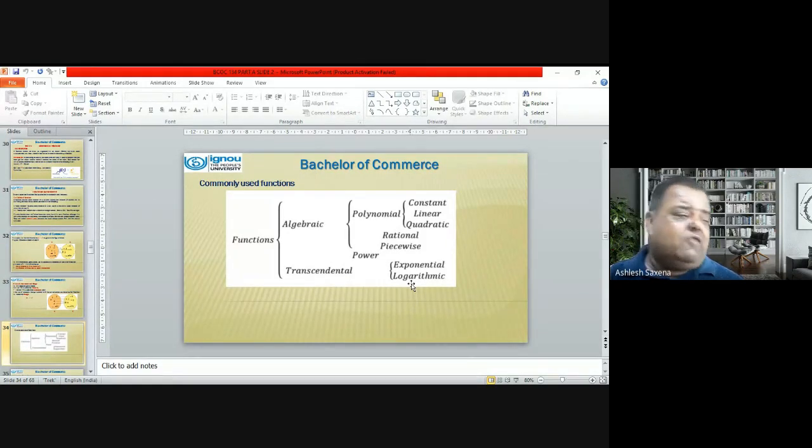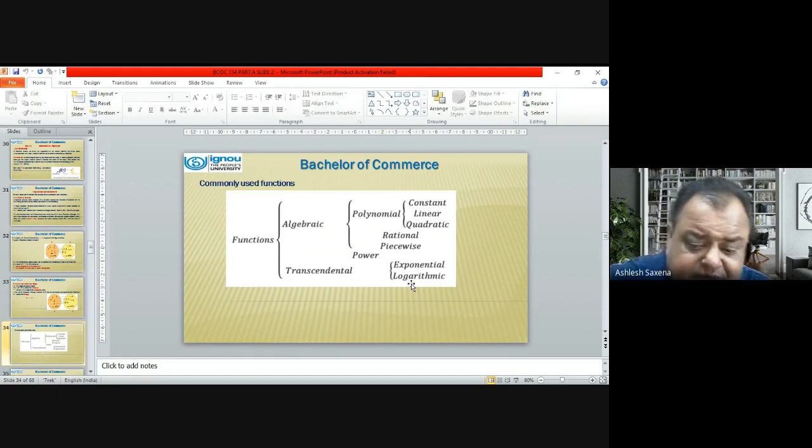Polynomial can be constant, linear, quadratic, and many more. And the power type can be rational or piecewise. Transcendental has two functions: first, the exponential function, and second, the logarithmic function.